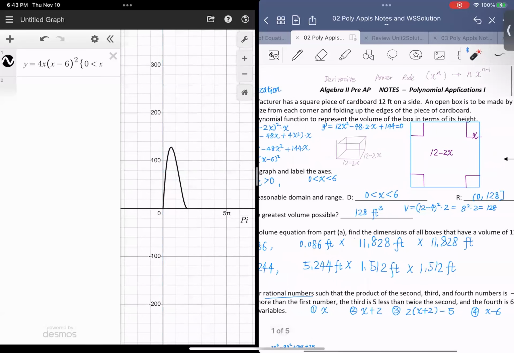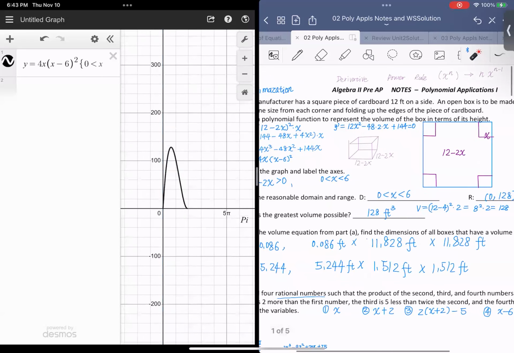And then you want to find the greatest volume. The greatest volume is the peak point, the y value, which is when x equals 2. The box volume is 128. Okay. So in Algebra 2 and pre-calculus, this type of question is called optimization.